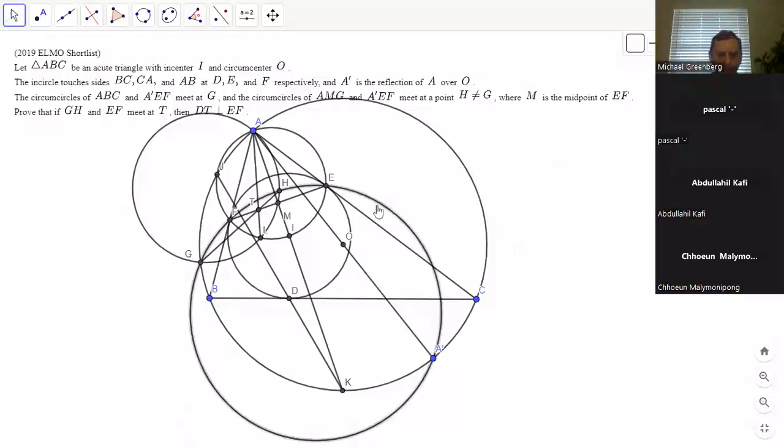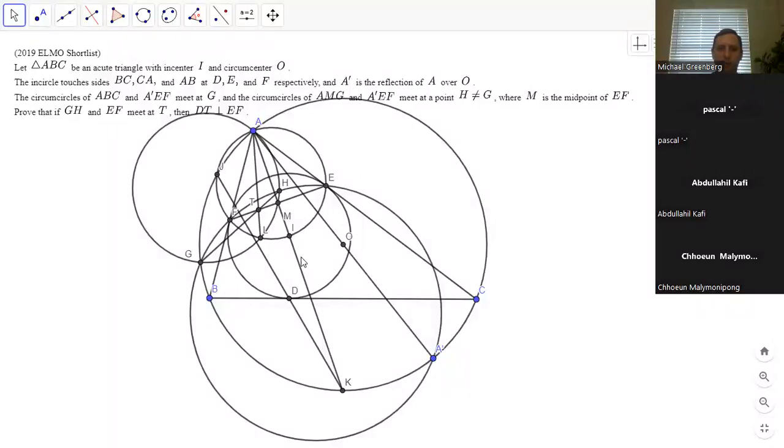Let's try inversion. So how should we invert? So AM times AI is AF squared. What if we invert about the circle with center A and radius AF?